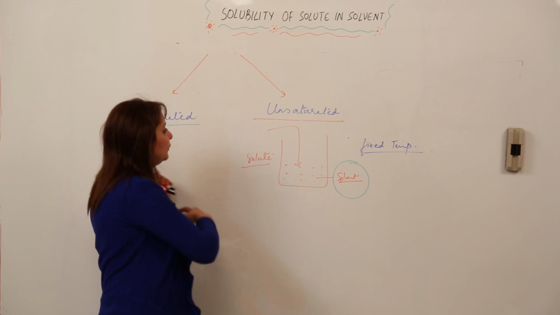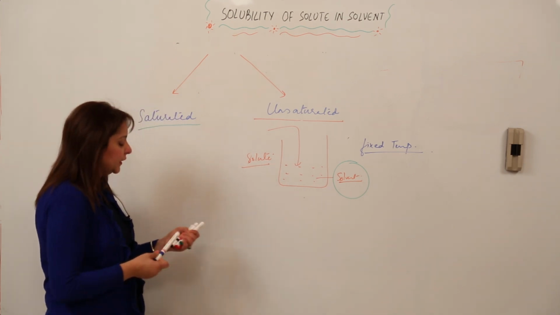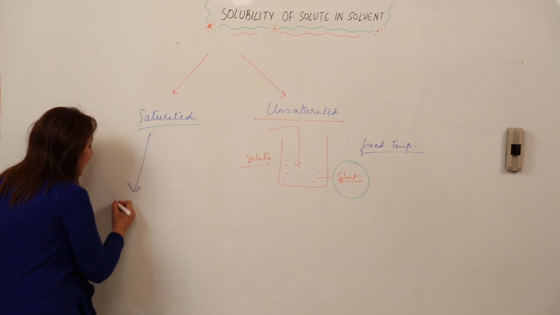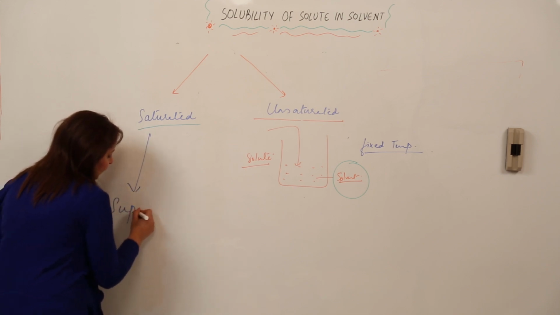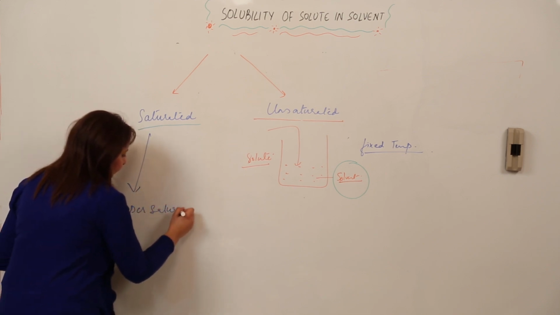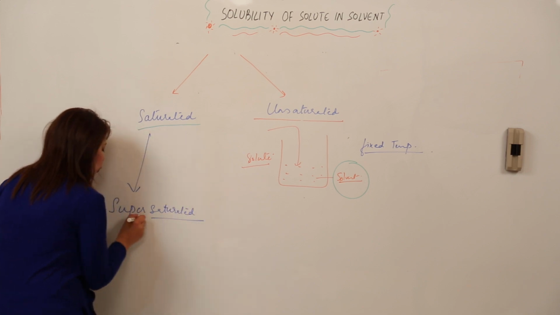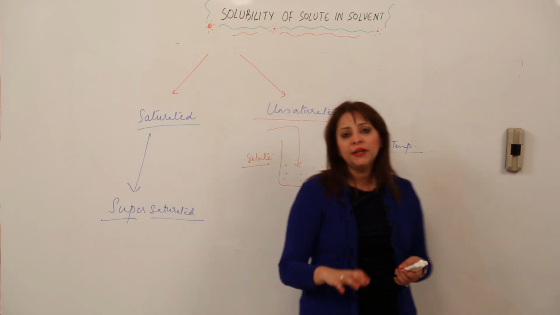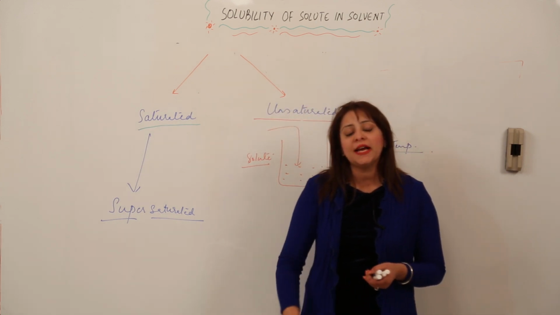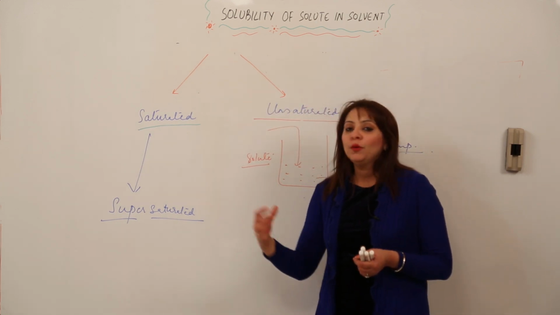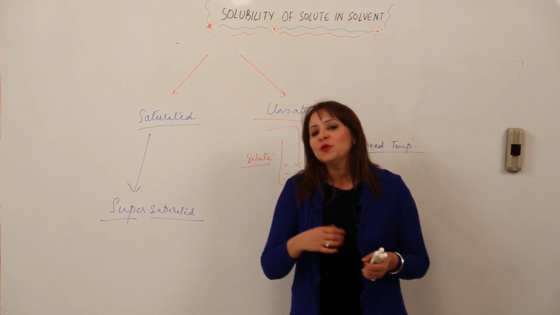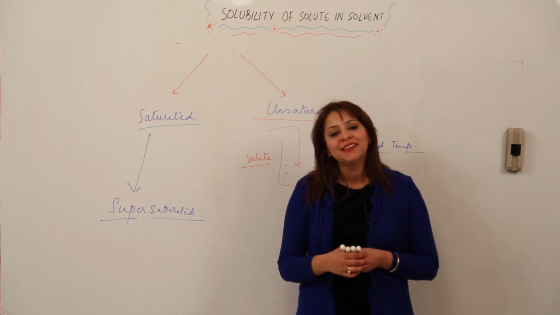Now you are familiar with saturated and unsaturated. We have one more condition which comes under the saturated, which is the supersaturated. Do you have any idea what supersaturated actually means? Tell me, what do you mean by a man? Obviously a male, right? And when I say superman, what does it mean?